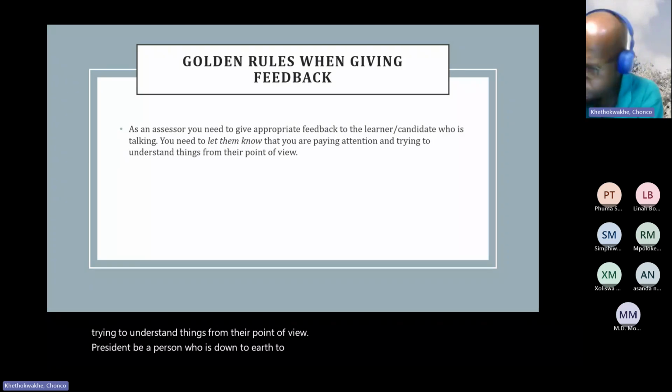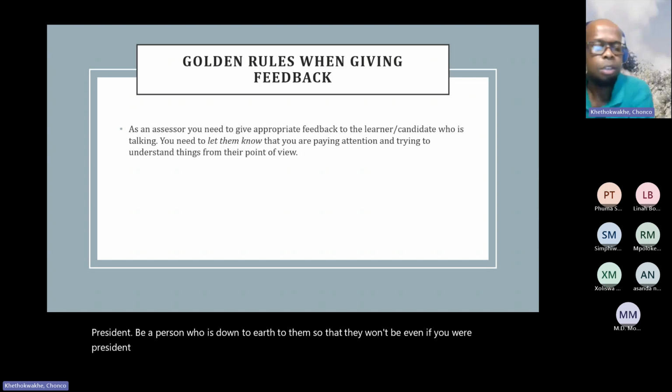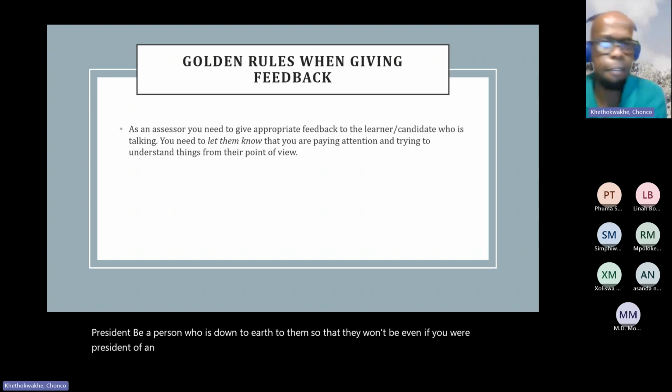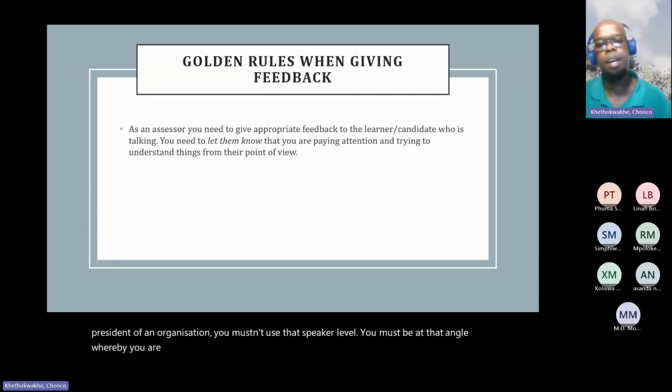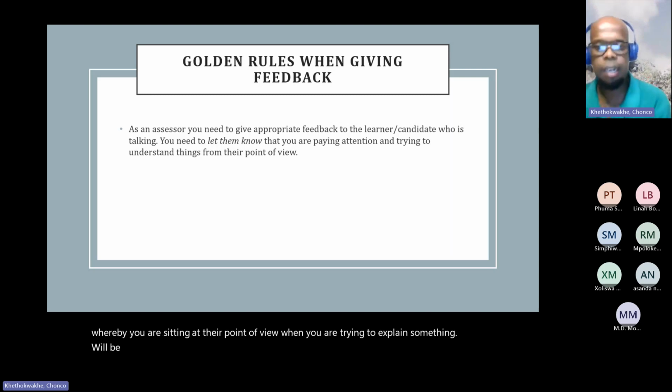Even if you are president of an organization, you mustn't use that bigger level. You must be at that angle whereby you are sitting at their point of view when you are trying to explain something. They mustn't be intimidated by your role as an assessor.